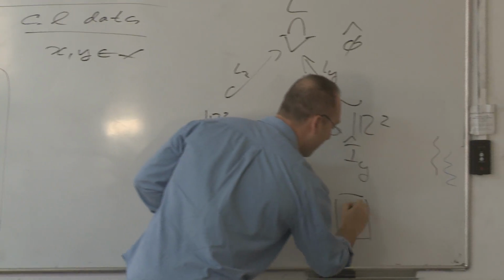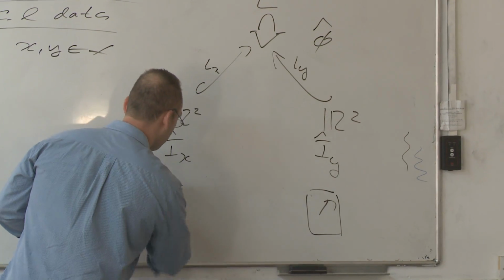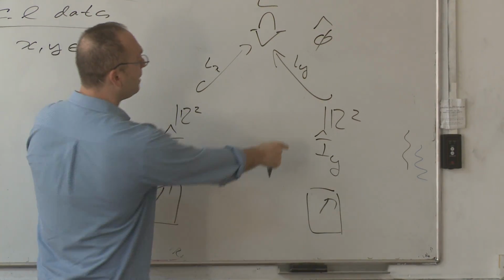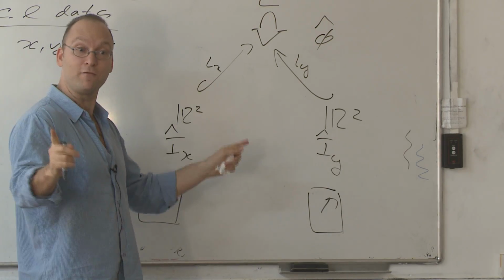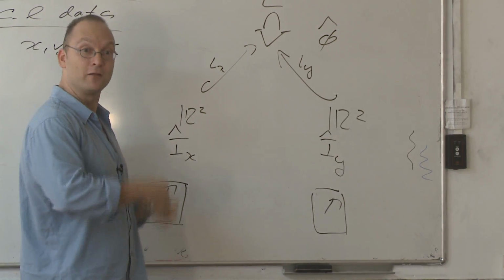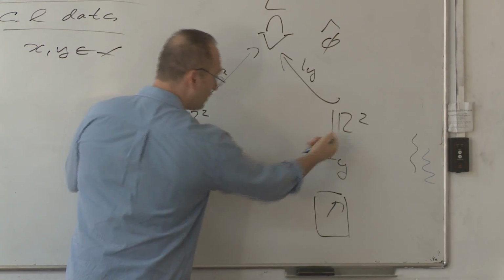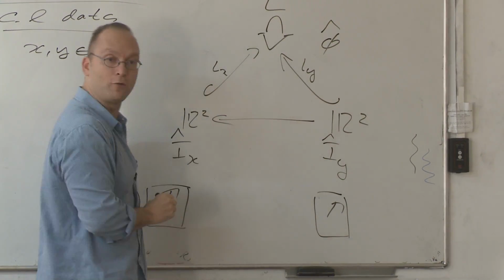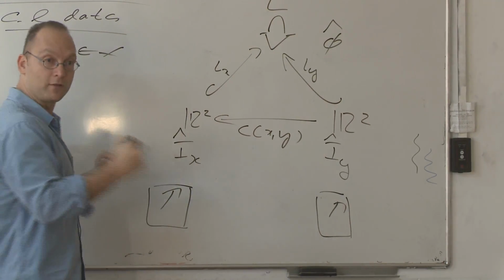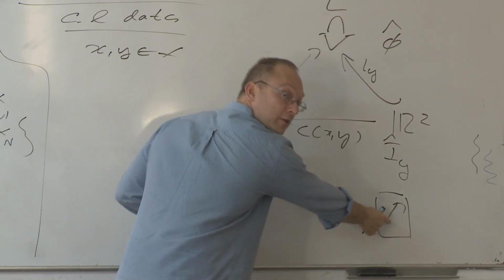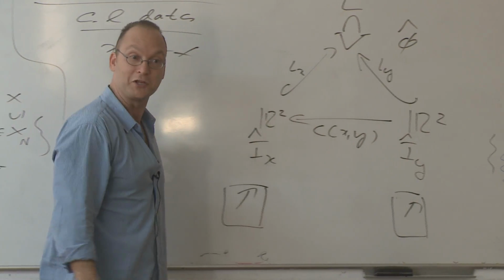How do you do it? You just look for a pair of directions here and here on which these two functions have high correlation. You look at this pair of directions and these give you the identification of the common line. So this is equivalent to saying that you can use these two functions in order to compute a 2x2 matrix, which I will denote by Cxy, which gives you this identification. So this matrix just sends this vector to this vector, and it is 0 on the orthogonal direction.